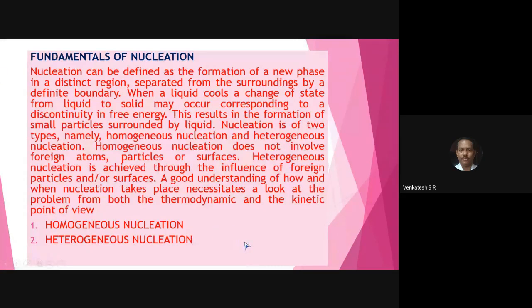These three are very good examples of heterogeneous nucleation. And for homogeneous nucleation, pure metal of gold, silver, iron, magnesium, like that, 100% pure metal. The solidification of pure metal is called homogeneous nucleation.